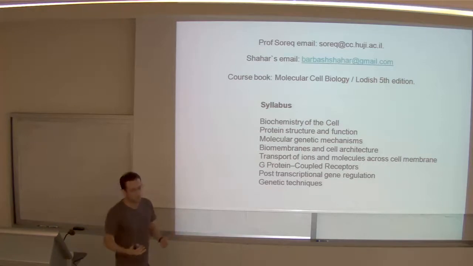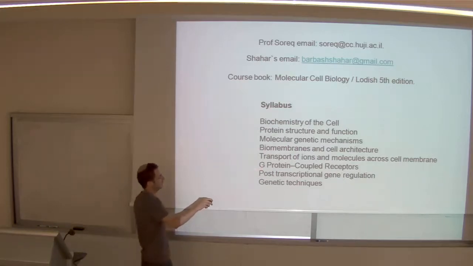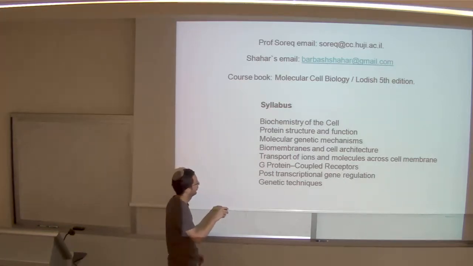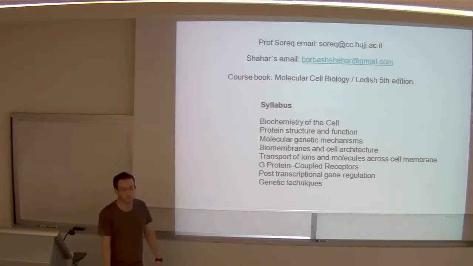And the next three chapters gradually build to present the idea of signal transduction across or between cells. In order to give a good basis to this concept, we start with learning a lot about the biomembrane, which is the wall across which the signal is transduced. Then we have a more global chapter about transport of ions across the cell membrane, and the third chapter in this group introduces a superfamily of very important receptors in nature, G-protein coupled receptors.